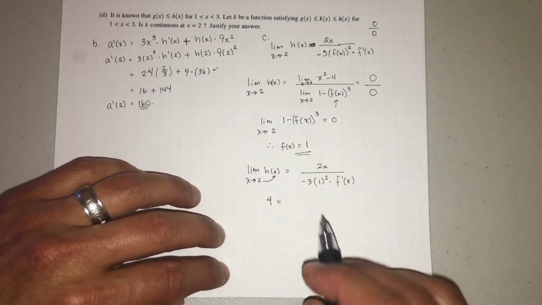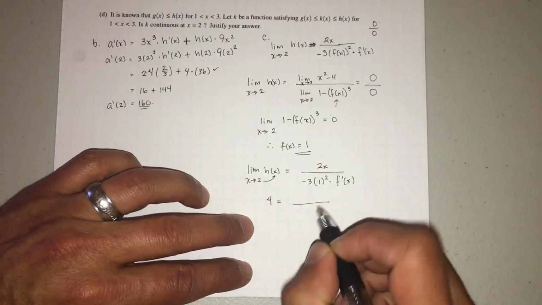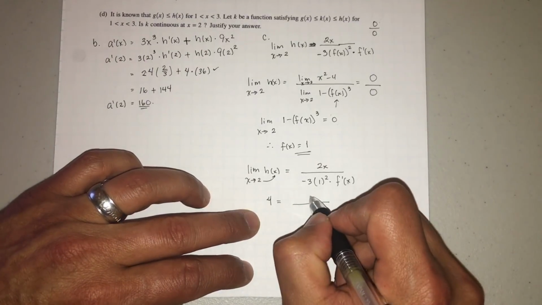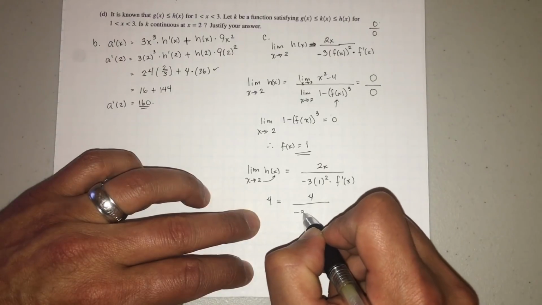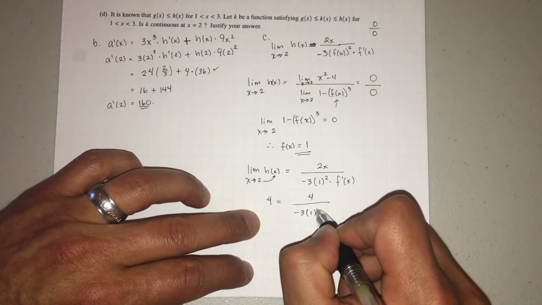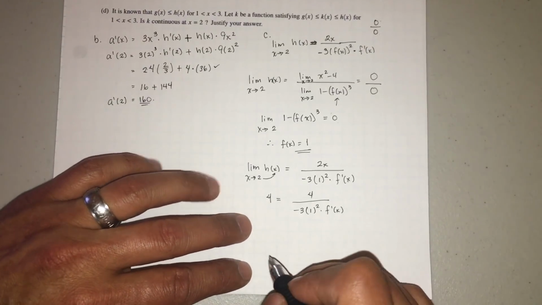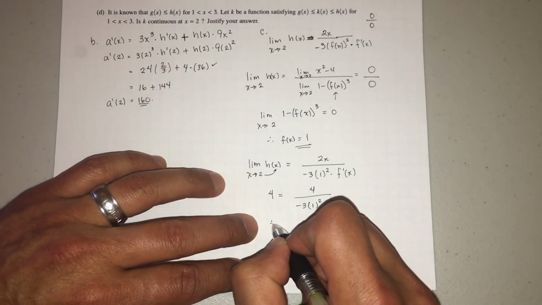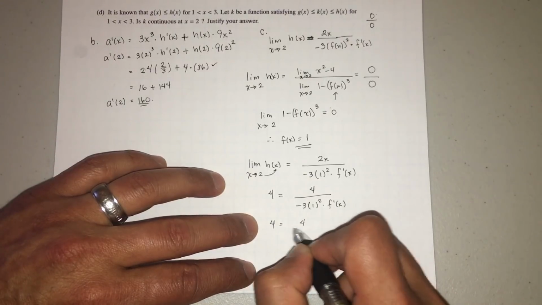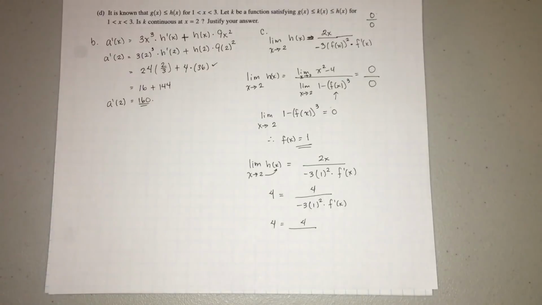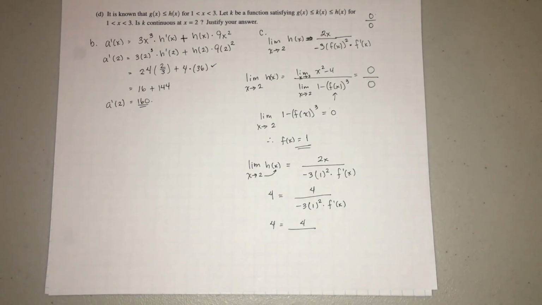All right. And what else am I doing? I'm plugging in 2 into my x's. So 2 times 2 is 4. So then negative 3 times 1 squared times f prime of x. Well, from here I can go ahead and solve it. So I have 4 is equal to 4 times 1 squared, which is 1, times negative 3, which is negative 3. Okay.